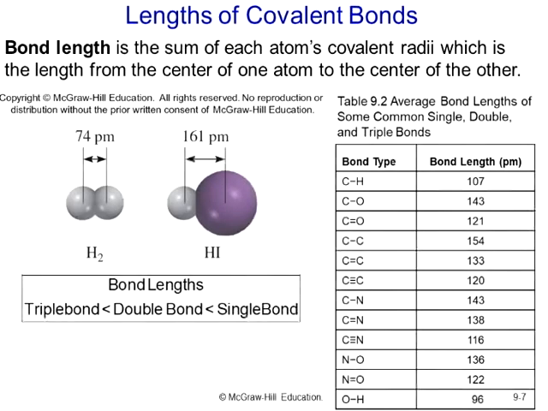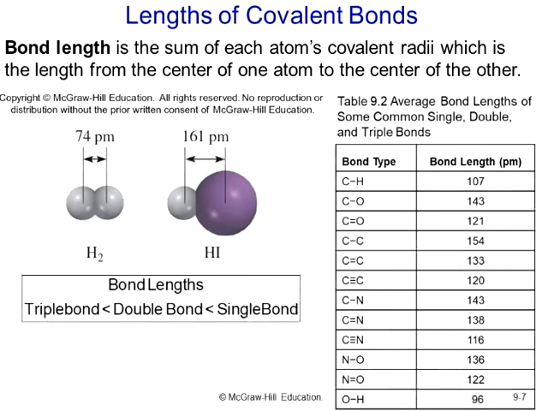Once these bonds are formed, they obviously have some bond length. And that bond length is related to the atoms that are used in forming the bond. This isn't a hard concept to understand. It simply means you have these two marbles that meet and they have this bond distance from center to center. That's it. So your bond length is the sum of each atom's covalent radii, which is the length from center of the atom to the other center.